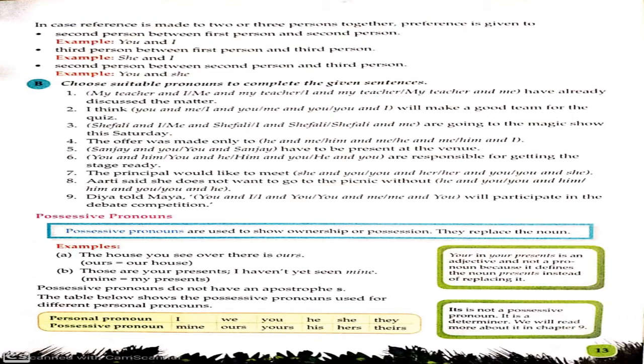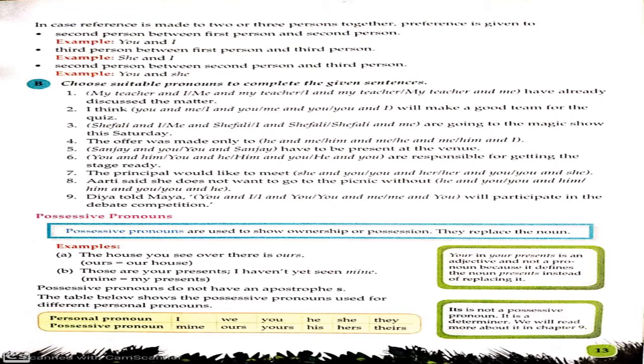Understand once again that when a sentence mentions the second person and the first person, the second person comes first. So the example will be you and I. It won't be I and you.